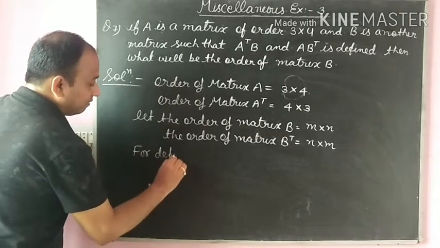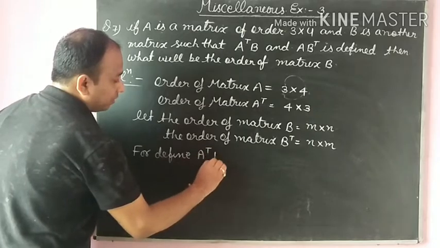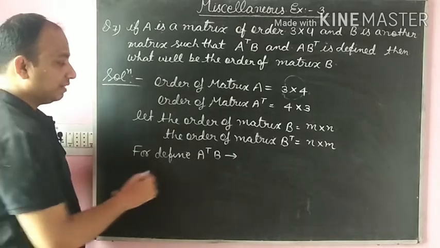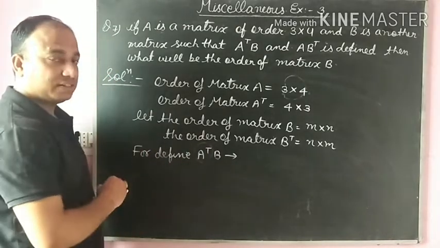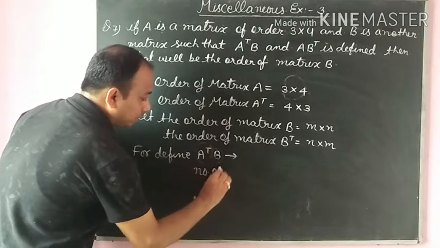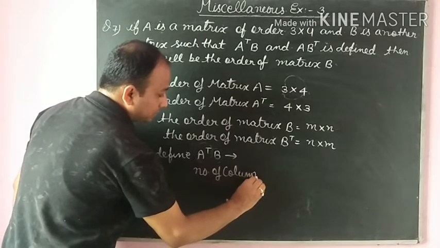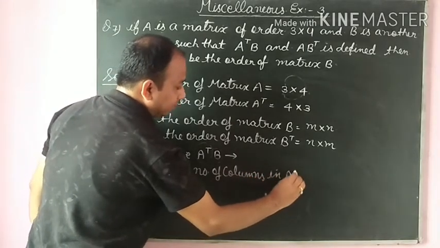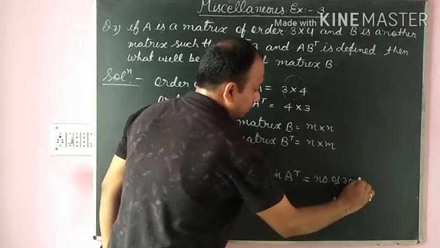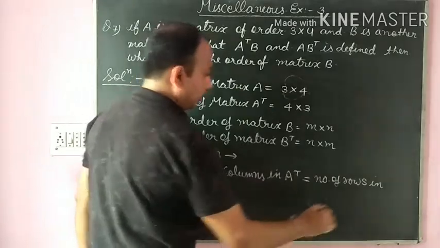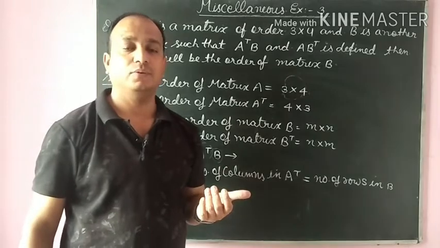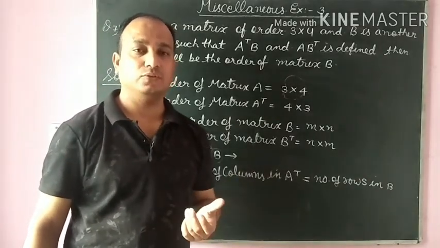For ATB to be defined, what is the rule of multiplication of two matrices? The number of columns of the first matrix equals the number of rows of the second matrix. Then the number of columns in AT equals the number of rows in matrix B.